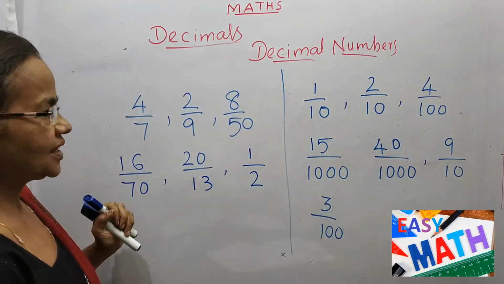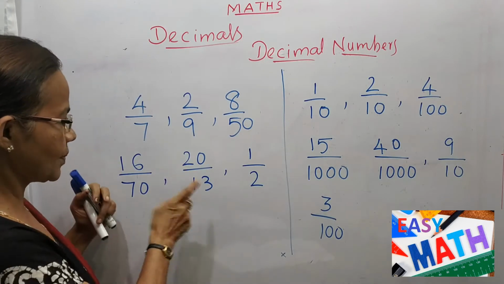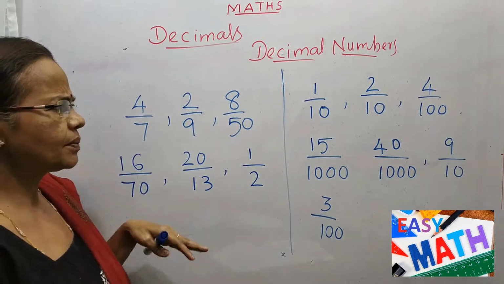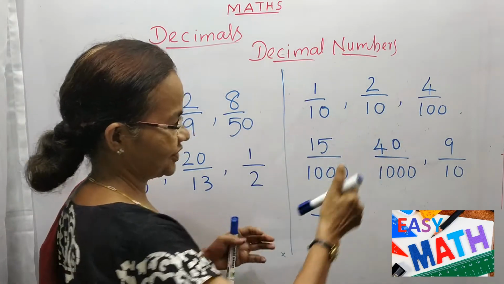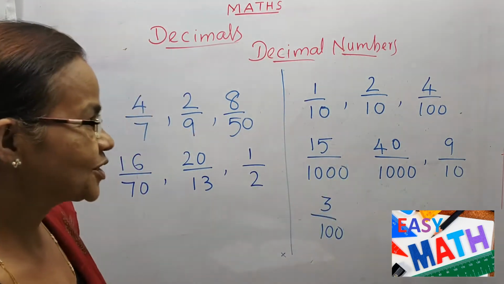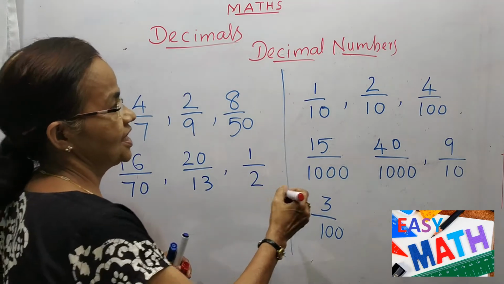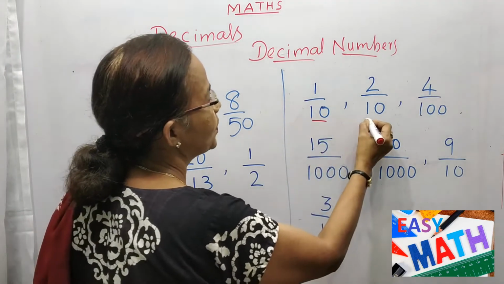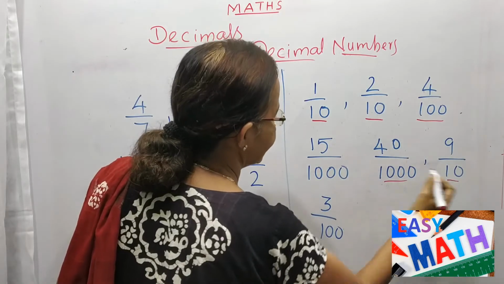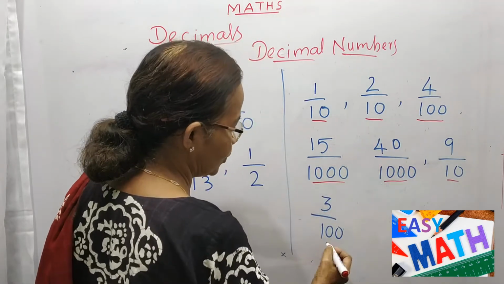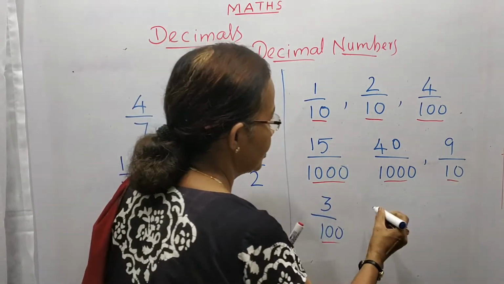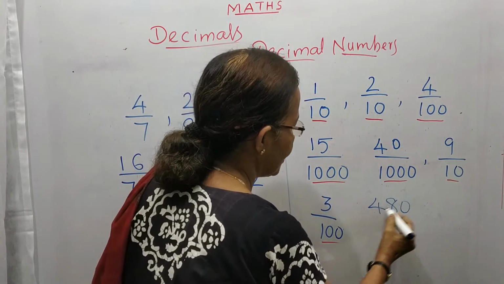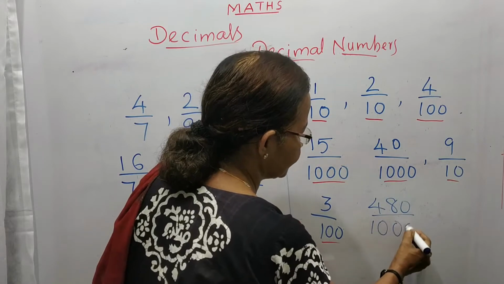You may say these are proper fractions, but this is not proper. Proper or improper? Just check. What is the speciality of these fractions? See here, the denominators are 10, 100, 1000, 10,000, etc. Say 480 by 10,000.